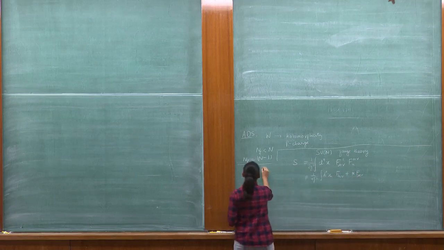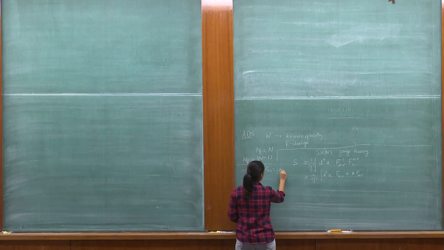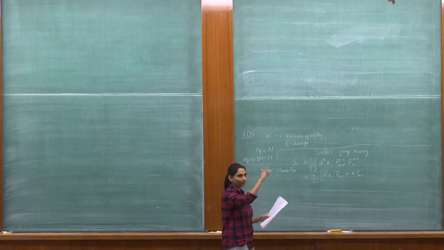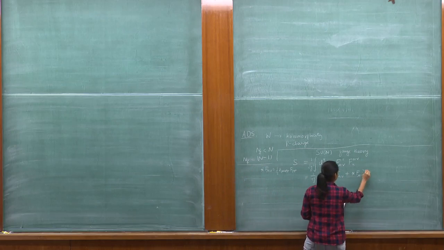Star F_{μν} is half epsilon_{μνρσ} F_{ρσ}. We are in Euclidean space, so I am not distinguishing upper and lower indices.